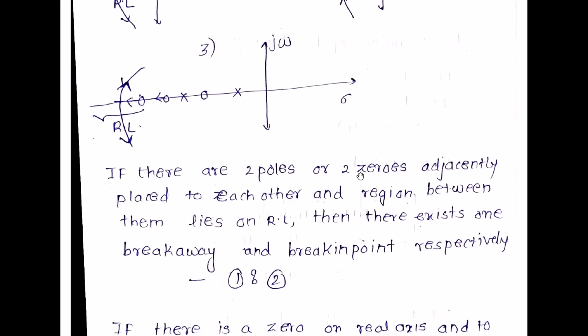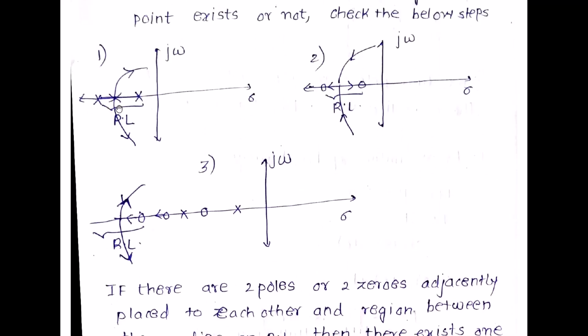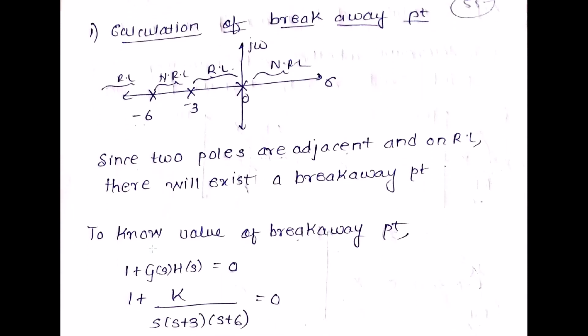If there are two poles or two zeros which are adjacent to each other and the region between them exists on the root locus, then there will exist a breakaway and a break-in point. And if there is a zero and the region towards the left hand side of it exists on the root locus, then there will exist one breakaway point. So these are the rules to understand. Now the calculation of breakaway point.